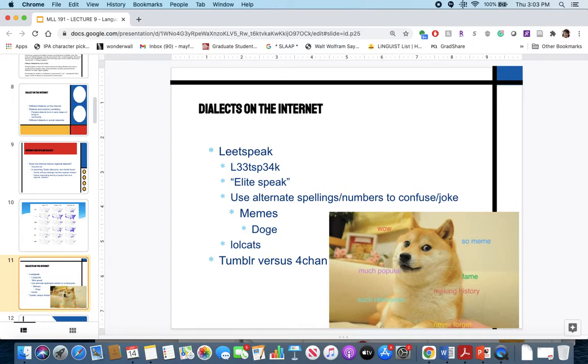So you're able to replicate the kinds of language usages that they have in a particular community, which makes the meme that much more specialized or funny. Lolcats also uses this trend. If you remember Lolcats, and think about the ways in which Tumblr uses dialects versus 4chan. Very different depending on what kind of discourse community that you're from.